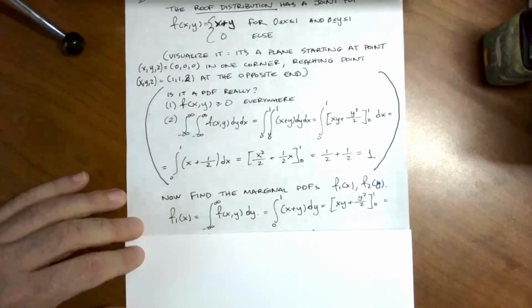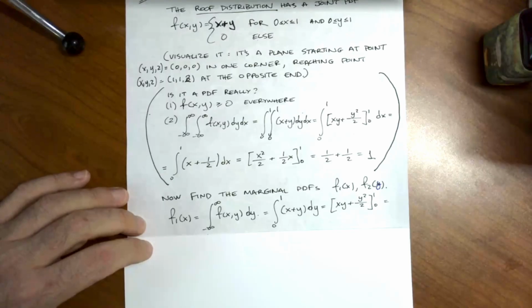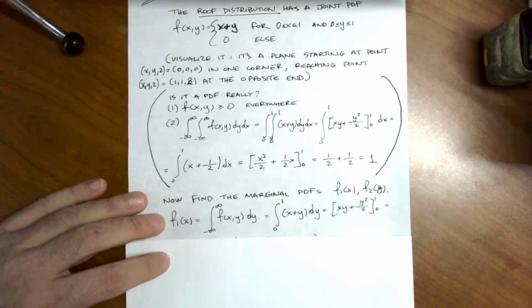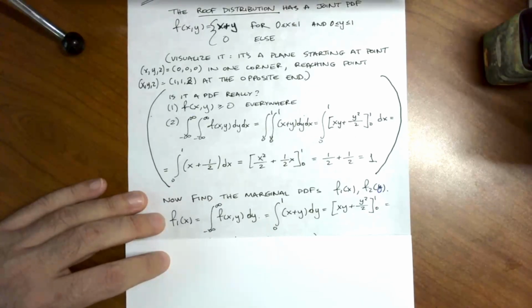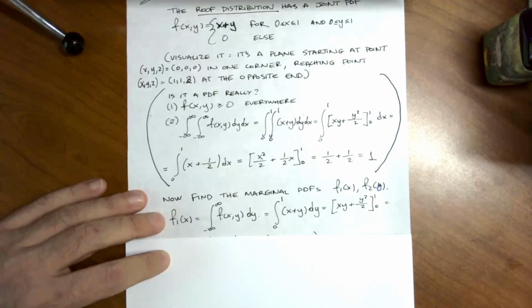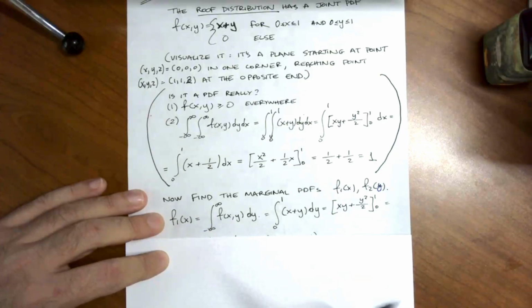What is our goal? Let's see how we can find the marginal PDFs, f subscript 1 of x and f subscript 2 of y. Well, how do you do that? You have to go back to the definition of the marginal of x and the marginal of y. Remember, the marginal of x is simply your joint PDF integrated across all values of y. Easy enough to do.